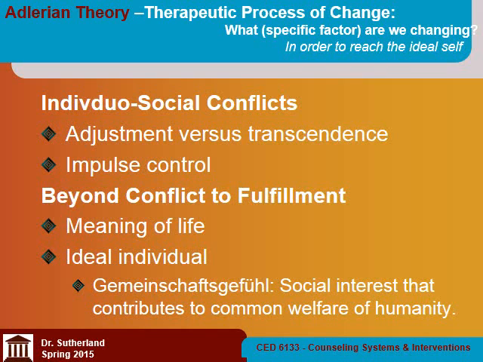If we think about Mrs. C, one may say that impulse control is an area of work for her in terms of the therapeutic process of change. However, within the context of Adlerian theory, we would not choose that. Impulse control becomes a problem for society only when the overall direction of that lifestyle is antisocial rather than pro-social.